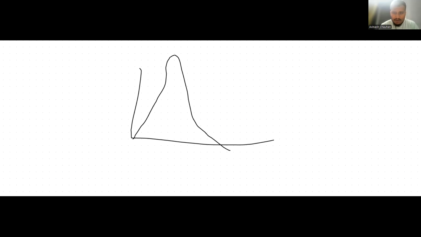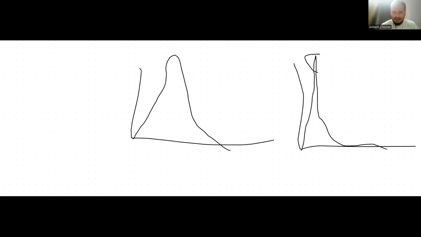Peakness means, for example, this is my graph, with the x-axis and y-axis, and my graph is like this. You can see there is a certain peakness here. If it's like this, then the peakness is there.